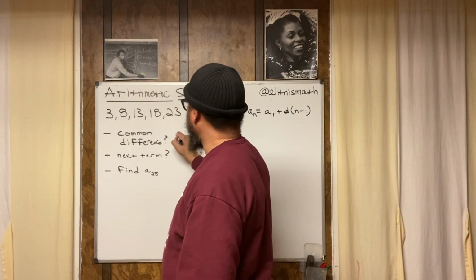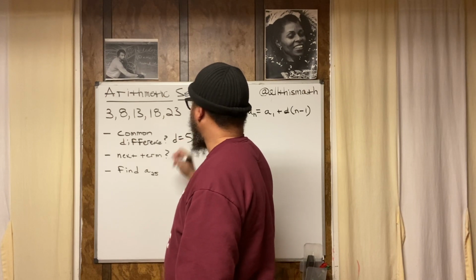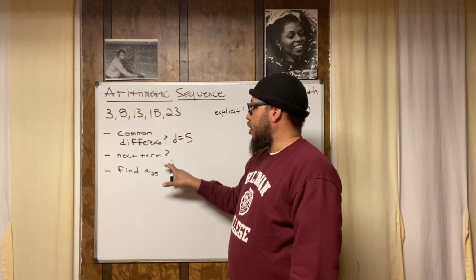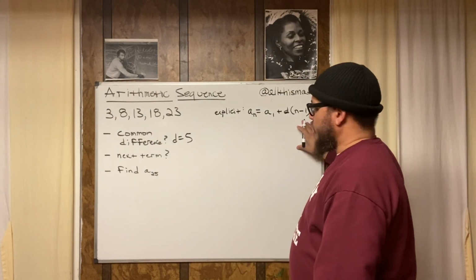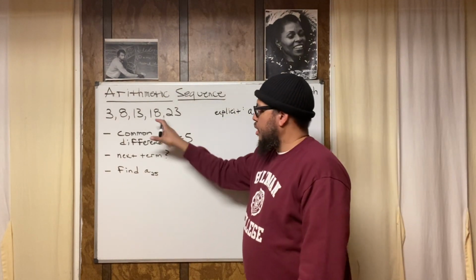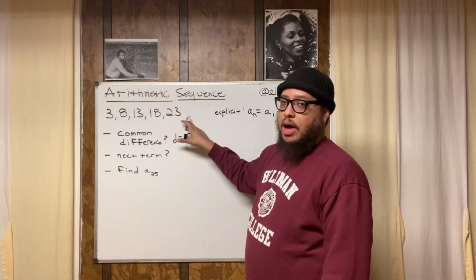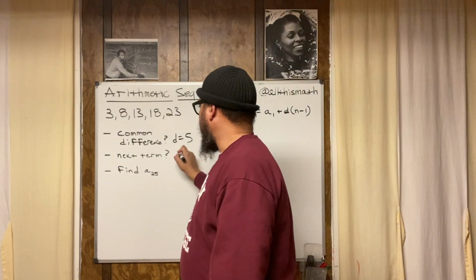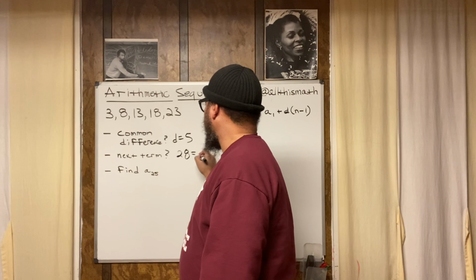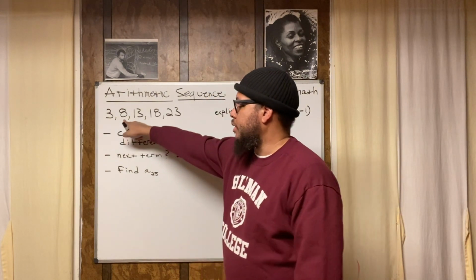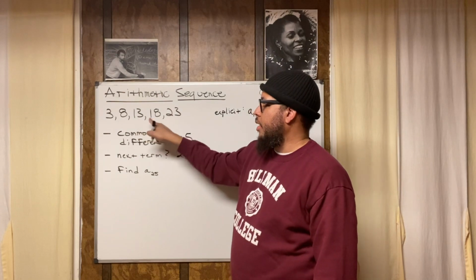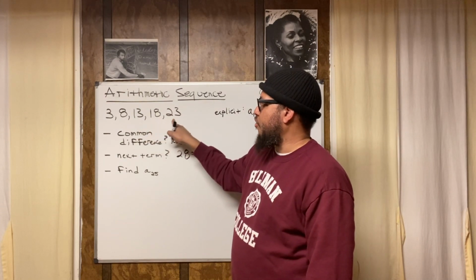So we're going to say d is equal to 5, right? Now, what's the next term? Now, we know the common difference is 5, so we don't even have to use this formula to figure out what the next term is. We just do 23 plus 5, which is 28. That's the next term. Or that would be a sub 6, because this is a sub 1, a sub 2, a sub 3, a sub 4, a sub 5.